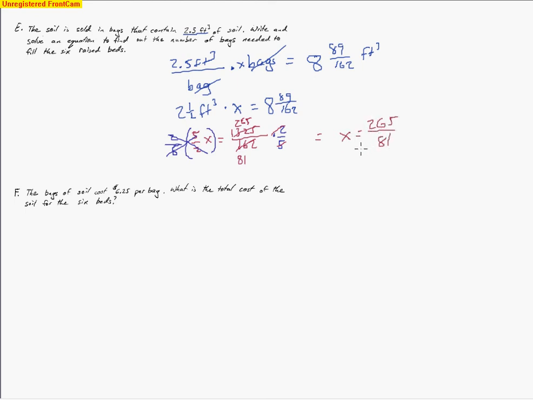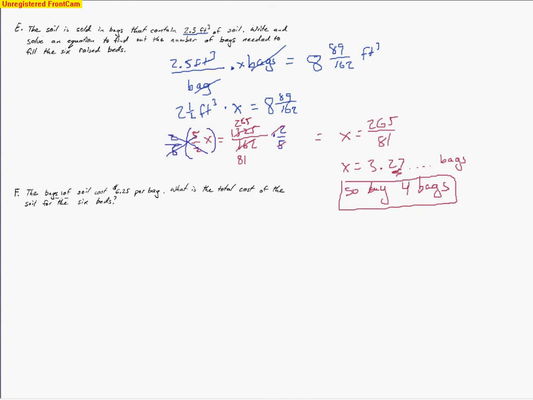Well, go ahead and do the division, and it comes out to about x equals 3.27, and then it continues on. So that's the number of bags we need. Well, we can't buy 27 hundredths of a bag. So we have to buy, we'll say 4 bags. And that should do us a little bit extra, maybe for next time.